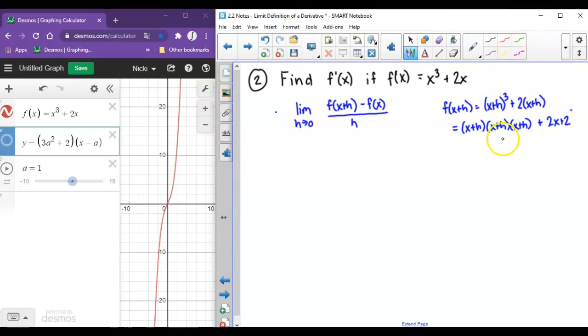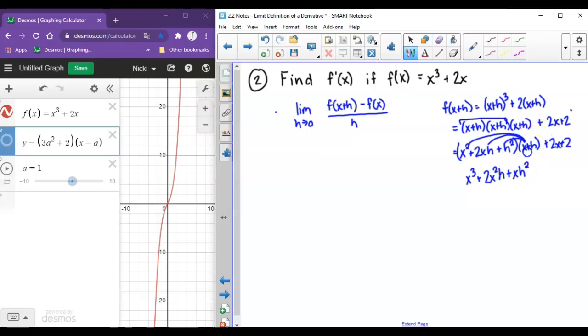Okay. So you've got to multiply two of these together first, so you will get x squared plus 2xh plus h squared. And then you have to distribute here, so you'll get x to the third plus 2x squared h plus xh squared.